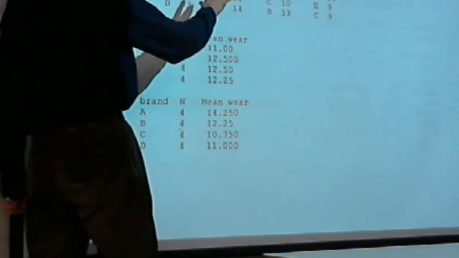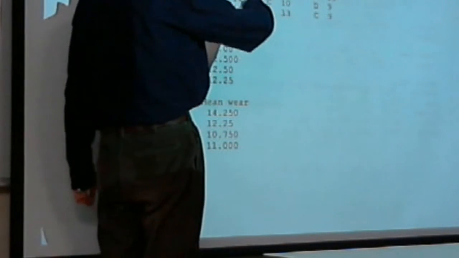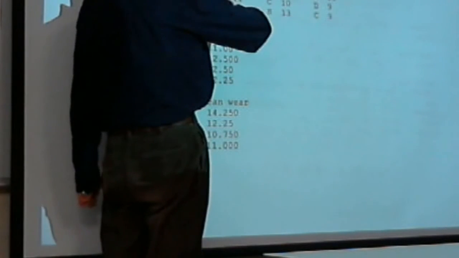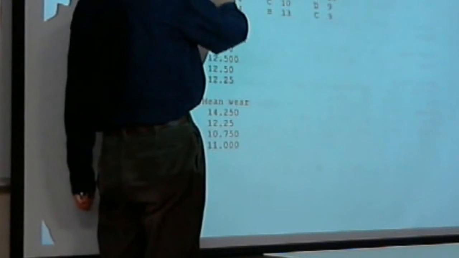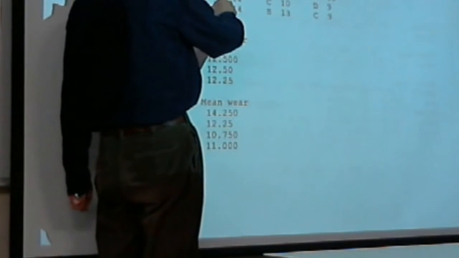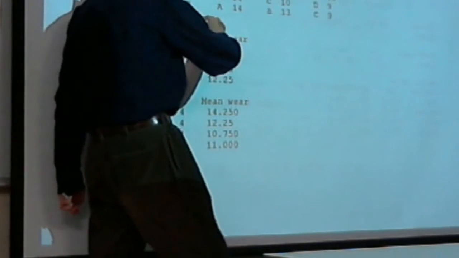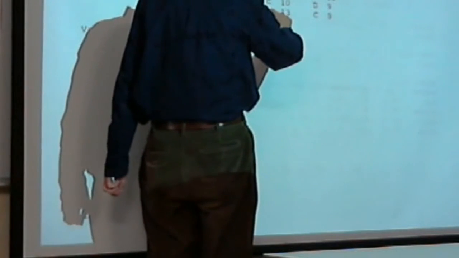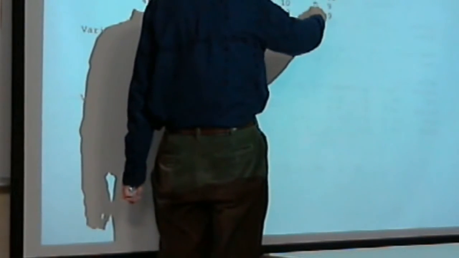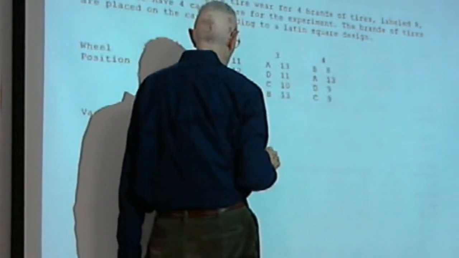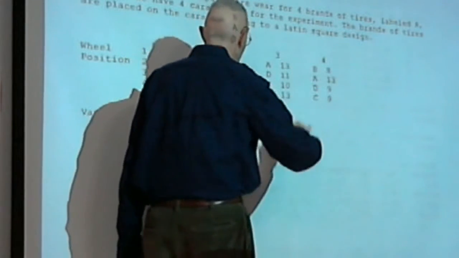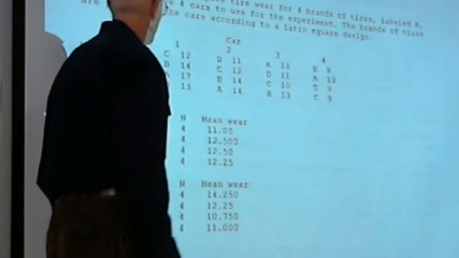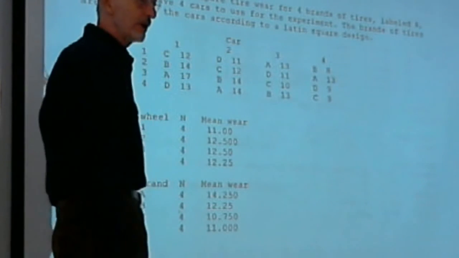If we go to car 2, all 4 brands of tires are again used on car 2, on which wheel? Well, do it this way. Car 3 uses all 4 brands. Car 4 uses all 4 brands. And if you look at the position of the letters in this layout, this is a Latin square design.